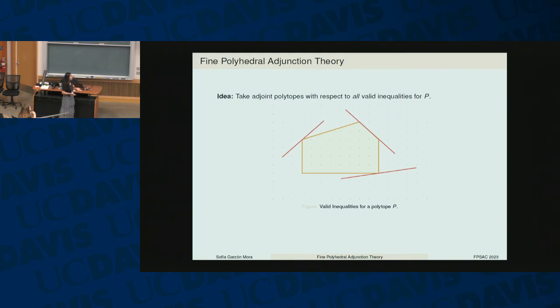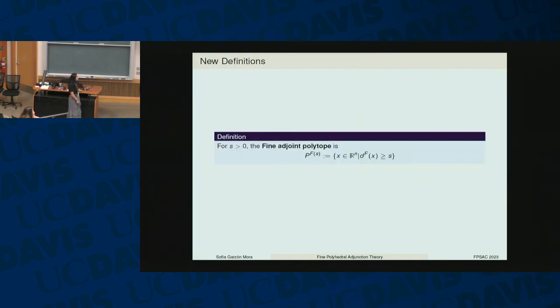And so you might think this is a very complicated idea because now I'm dealing with an infinite number of valid inequalities, but this actually paves the way into a very nice theory. And so we can redefine all this, and basically we can now take fine adjoint polytopes. So in this case, I am pushing by all valid inequalities, not only the facets.